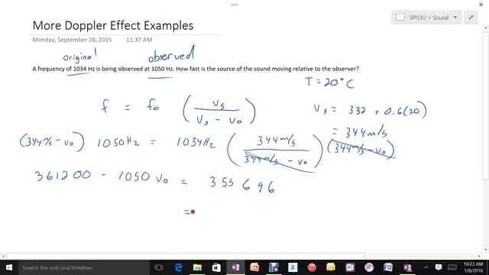I'm going to move the 1050 to the left-hand side, make it positive, and move the 355,000 to the left. So the difference between those two things is 5,504. Dividing both sides by my 1050.